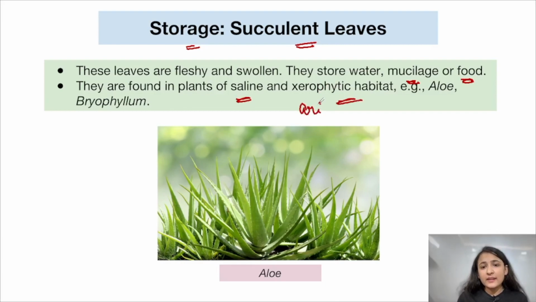So examples of these plants having succulent leaves are aloe vera, then bryophyllum. Aloe is the genus. That is why it is written here, because it will include more than one species, not just aloe vera. Numerous other species under the genus aloe can have succulent leaves. Then bryophyllum also has succulent leaves. So this was about succulent leaves.